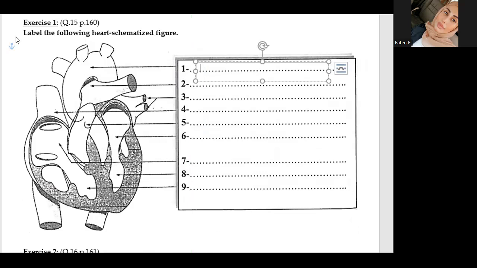How do we know which blood vessel this is? Let's observe the movement of blood. The blood comes from here, from the left ventricle. Which blood vessel takes the blood from the left ventricle? It is the aorta.